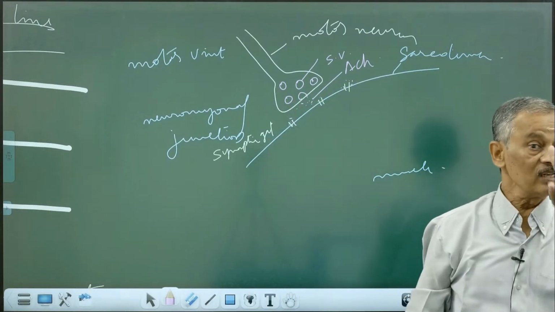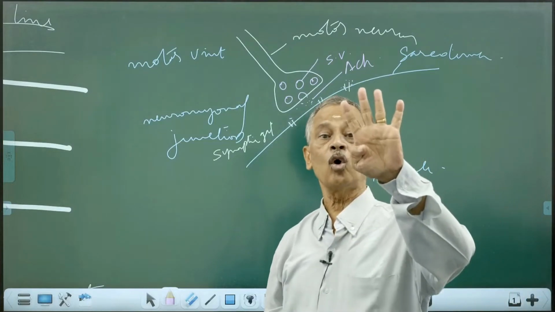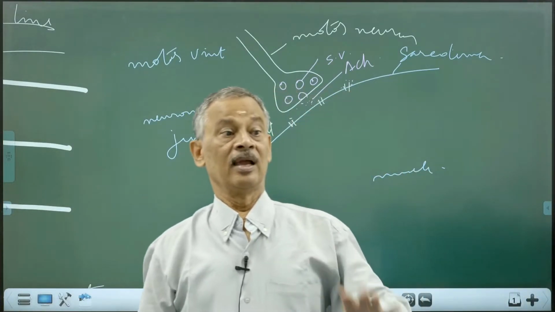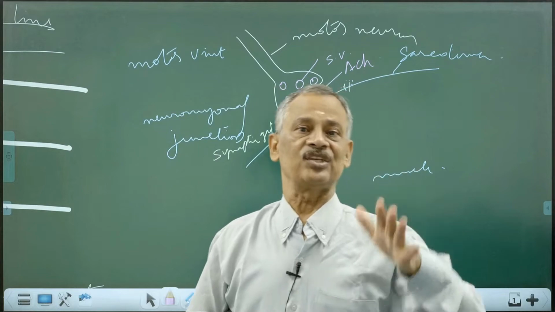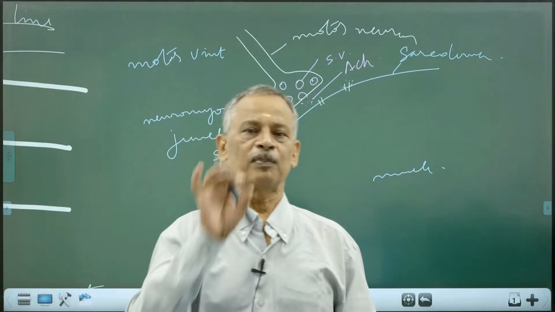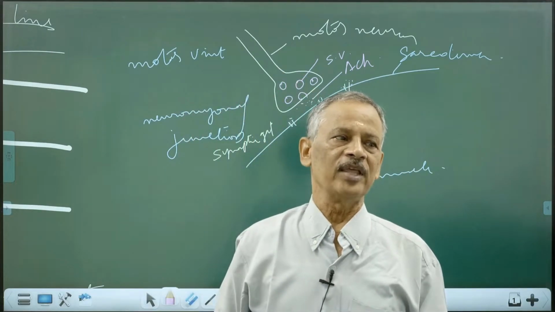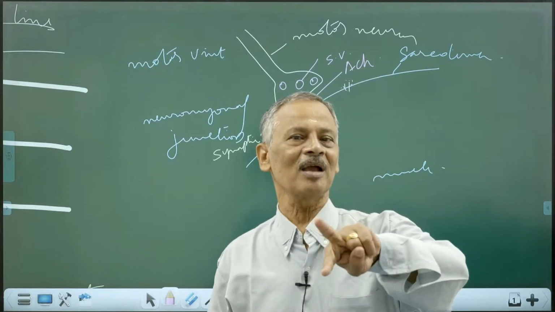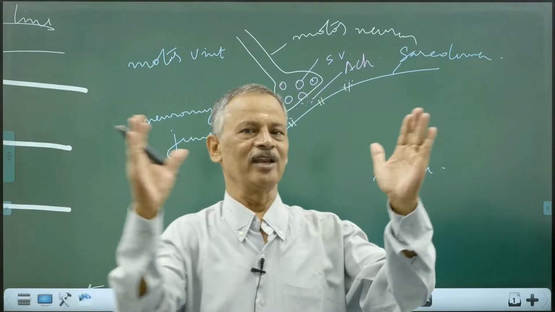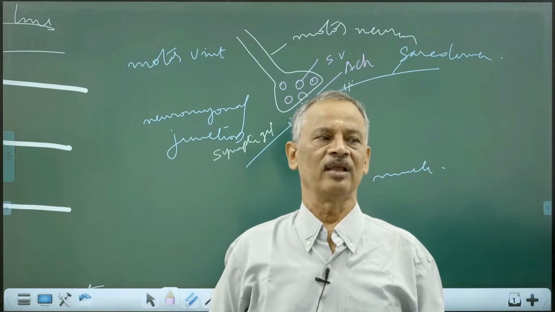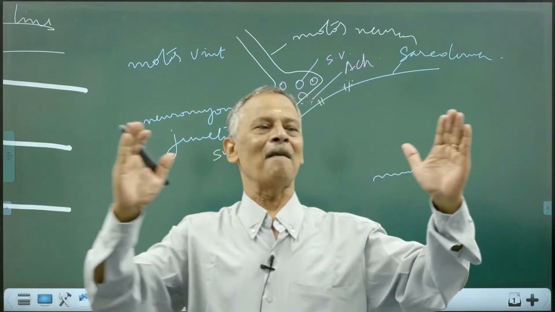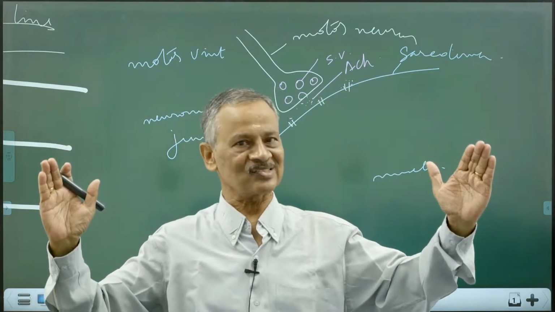Remember, muscle cells have four important properties. They can be excited; by providing a suitable stimulus, they become active. When they become active, they contract. They reduce their length. That is called contraction. After contraction, they come back. That is called relaxation.